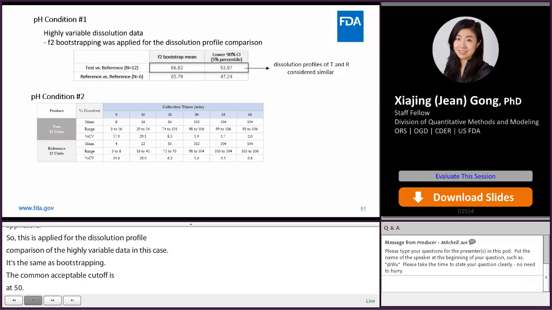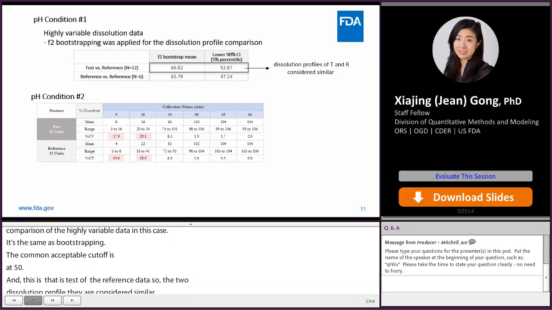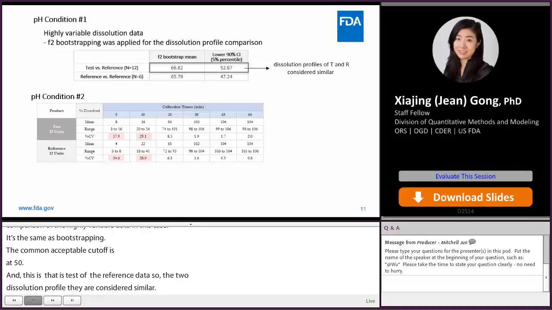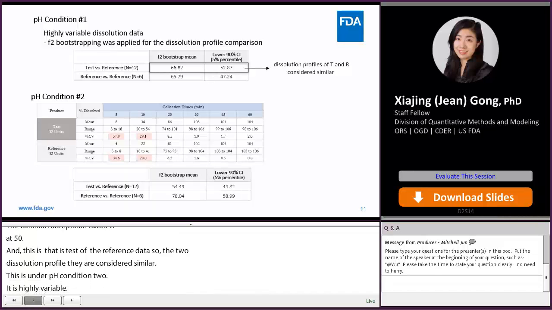Now look at the test under pH condition 2. The dissolution data is highly variable, indicated by the large CV in red highlight, and bootstrapping F2 was again applied. The results show that although the bootstrapping mean is greater than 50, the lower 90% confidence interval is only 44.82.